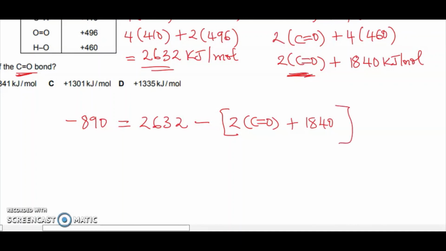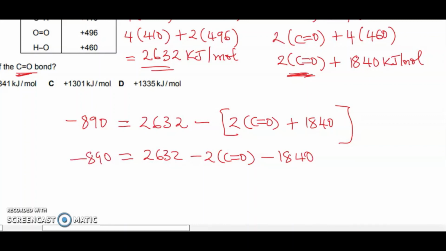Okay, so that's what we have. Now let's open the brackets. We're going to have 2632 minus 2 CO minus 1840. Okay, negative 890.